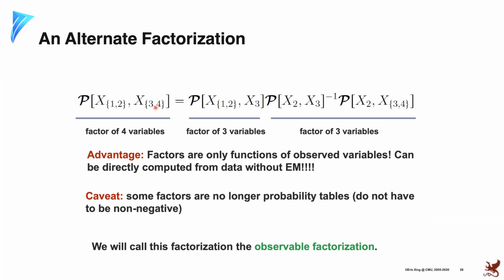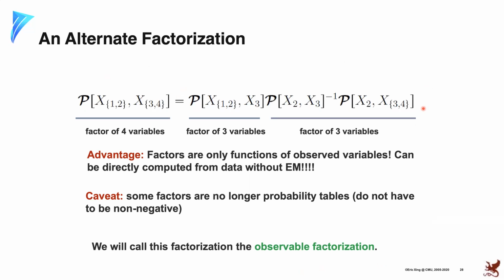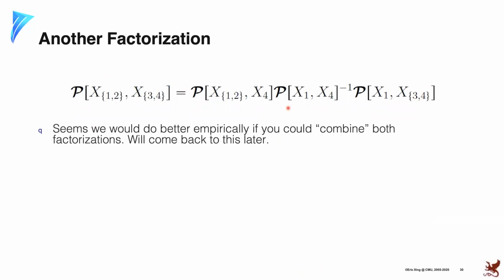Overall, from all the way down here, we now find an alternative factorization which factorizes this p into factors that only contain observable variables. So we call this observable factorization, and in this way we get rid of this hidden variable H. Another thing to mention is that such factorization is not unique, because we can find factors 1, 2, 3, and 2, 3, 4, and we can also find other factorizations following the same manner.